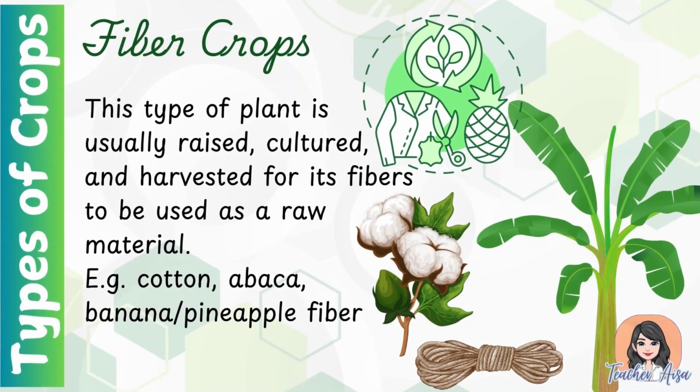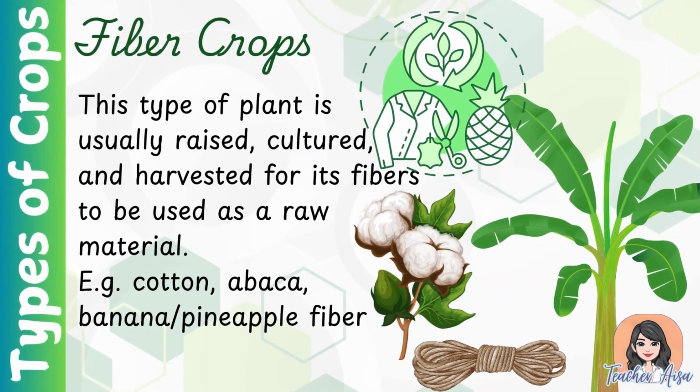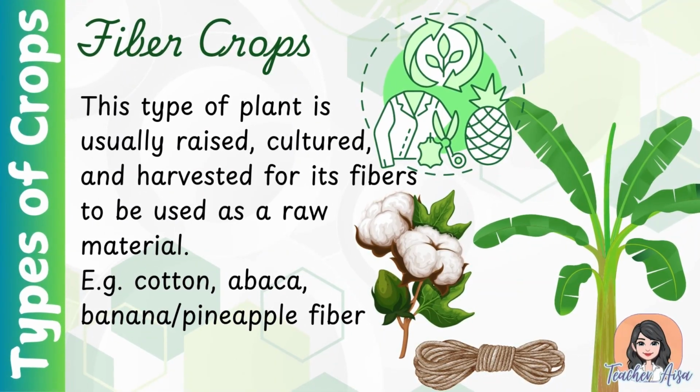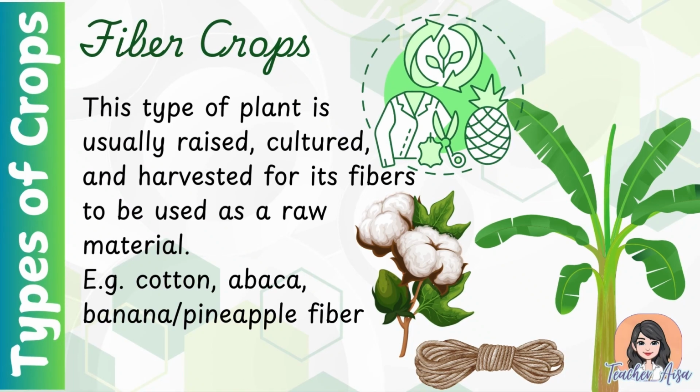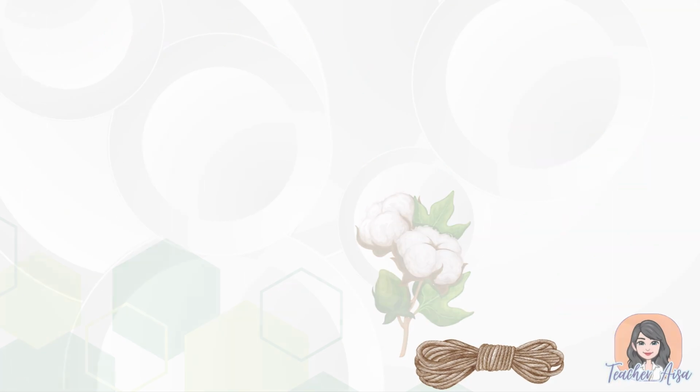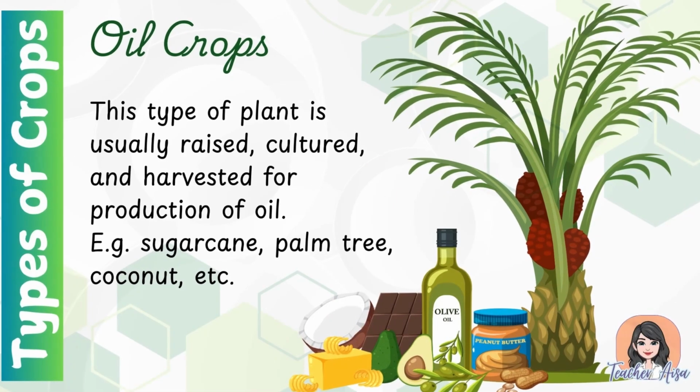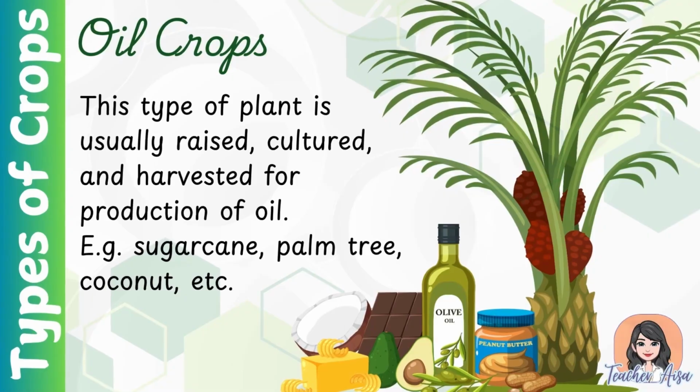Fiber crops. This type of plant is usually raised, cultured, and harvested for its fibers to be used as a raw material. Examples are cotton, abaca, banana, or pineapple fiber. Oil crops. This type of plant is usually raised, cultured, and harvested for production of oil.